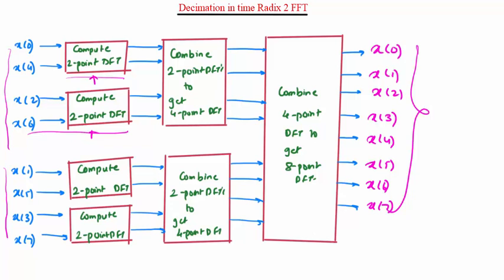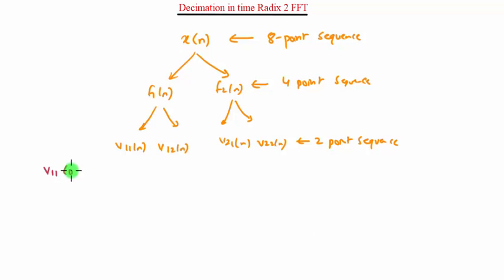Now seeing this table, we can exactly follow the path of x of 0 and x of 4 when the 2-point DFT is computed and combined together. That path and the relation between the samples of the various sequences can be given by v11 of 0 is equal to f1 of 0 is equal to x of 0. v11 of 1 is equal to f1 of 2 is equal to x of 4.